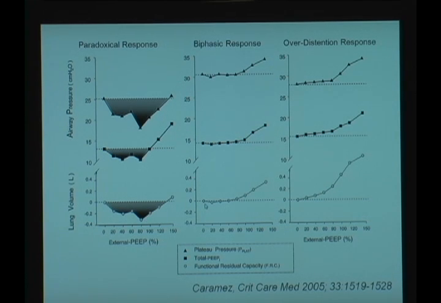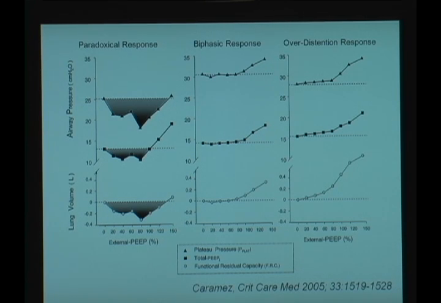In some patients with asthma, when they added PEEP, initially the lung volume did not change until they got to higher levels of PEEP. And then they found that there were other patients with asthma, when they added PEEP, right away the lung volume started to go up, making things worse.